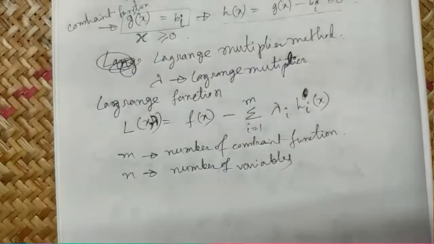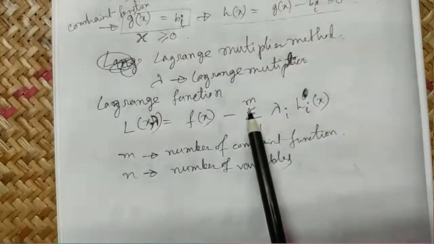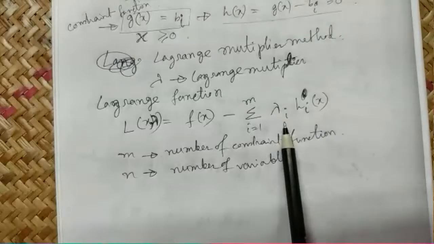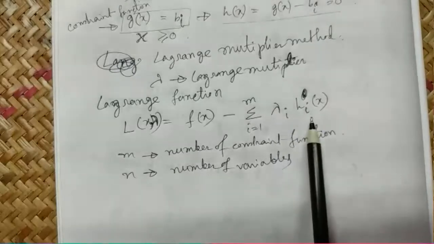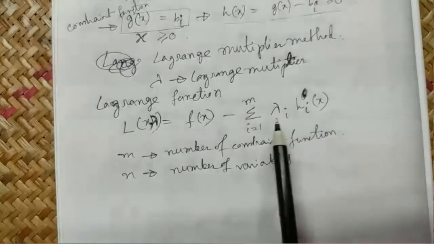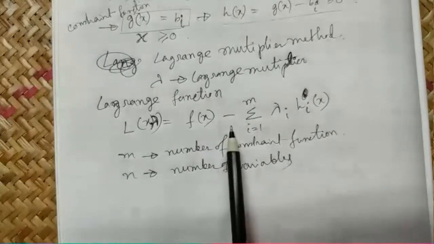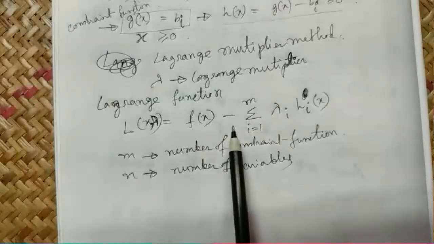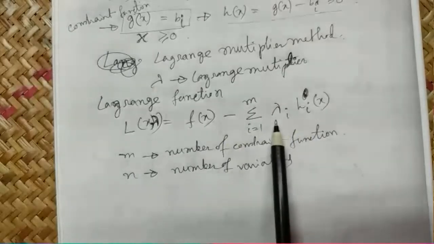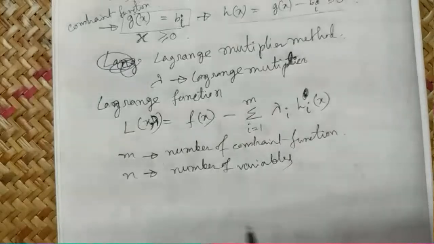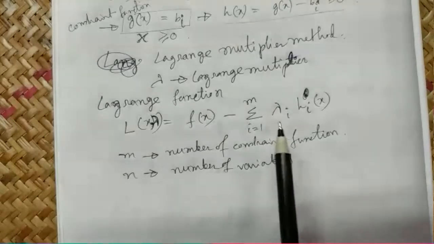If there are three constraint equations, then m will be equal to 3, and this will be lambda 1 constraint 1 plus lambda 2 constraint 2 plus lambda 3 constraint 3. Here we have taken negative, we could have taken positive also. Then these lambda values will come in negative form. Ultimately we will get the same result because lambda is just an introduced factor.